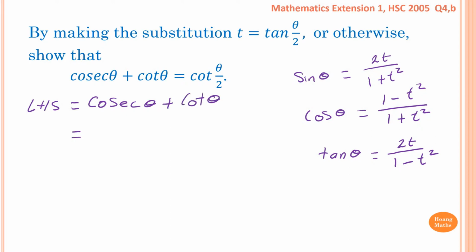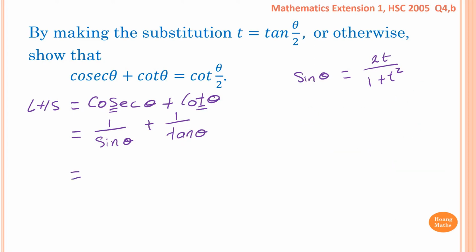Now the third letter of cosec, S, stands for sine, so cosec of theta is 1 over sine theta. That's how you remember. Plus, the third letter here of cot, it means 1 over tan theta. Now we know that sine theta is equal to 2t over 1 plus t squared.